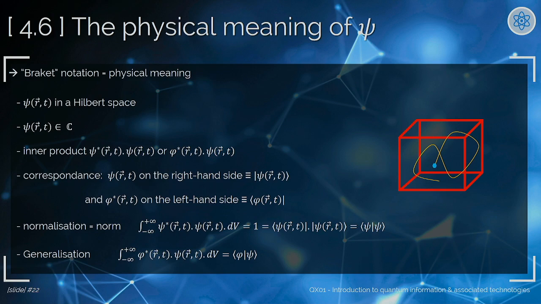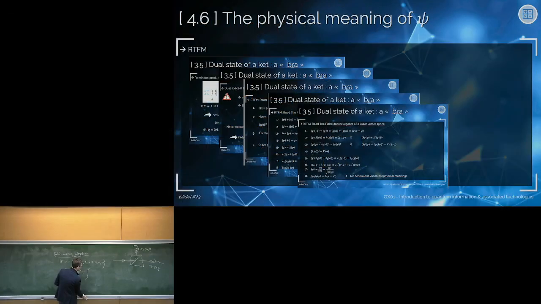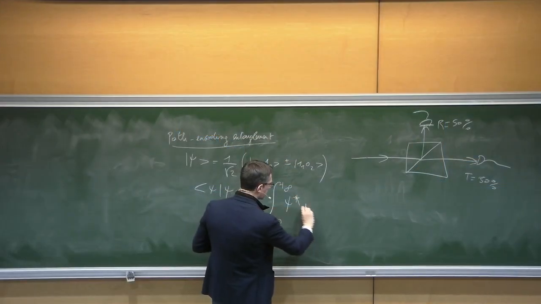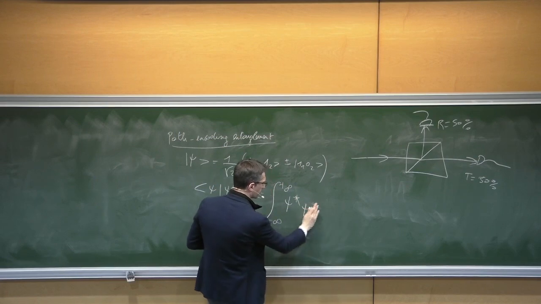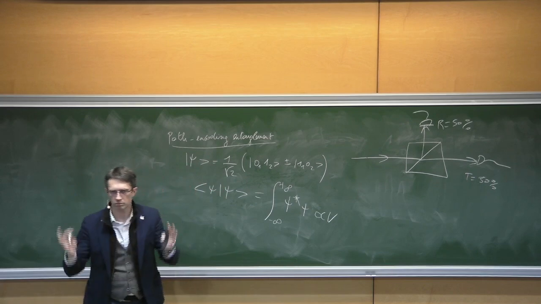And then, once you're in the bracket notation, you can use all the properties that we've seen before with bras and kets, because what you know now is that behind this is a physical meaning, in this particular case, the integral of psi star psi over a volume dV.